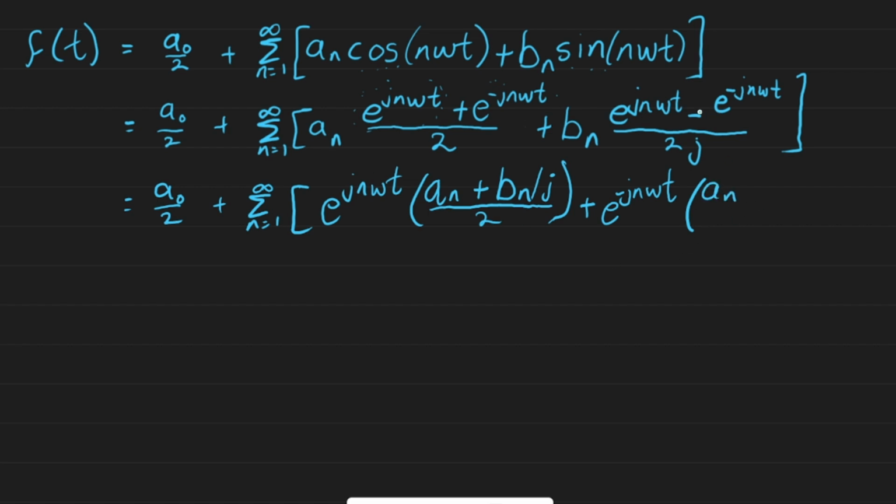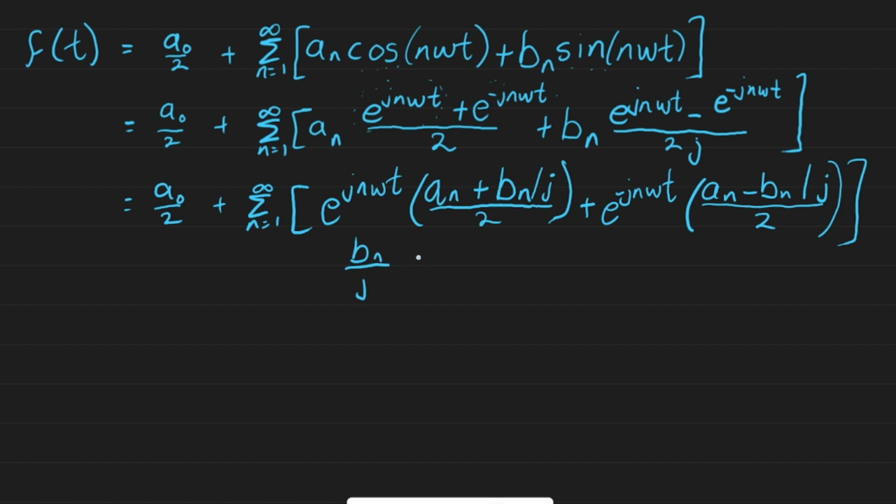And then we have minus, since there's a minus here, and then bn divided by j and divided by 2. This bn over j, we can rationalize.